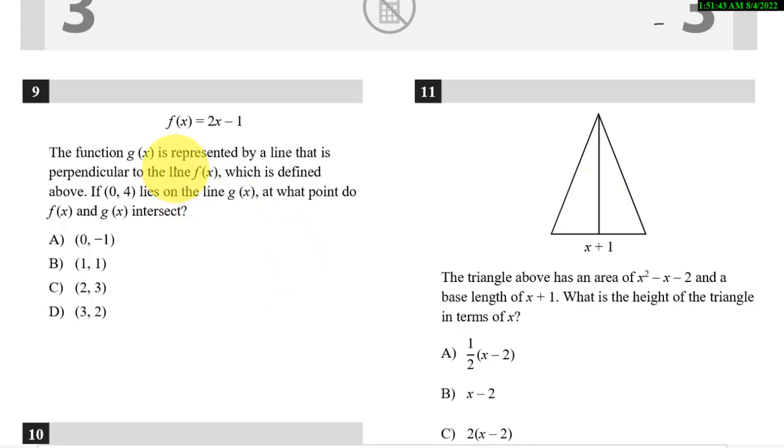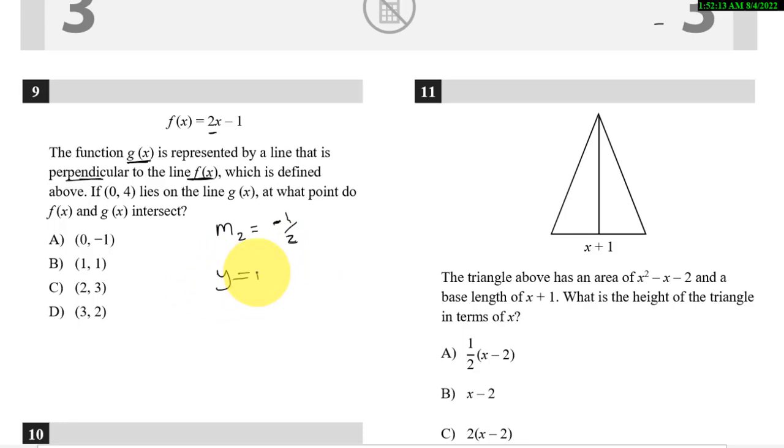So we need to find g of x first, because we have been told that g of x is perpendicular to f of x. So we know that if two lines are perpendicular, then the product of their slopes is equal to -1. So that means that the slope for g of x is going to be -1 over 2, since the slope of f of x is 2. So we have already gotten the slope.